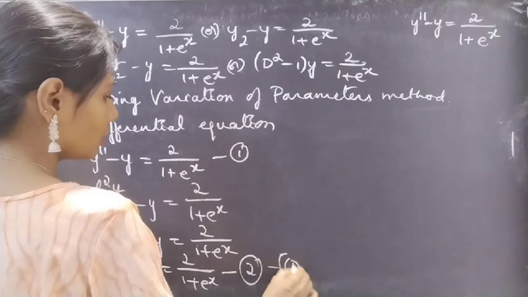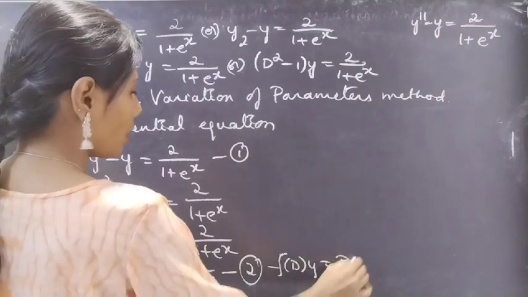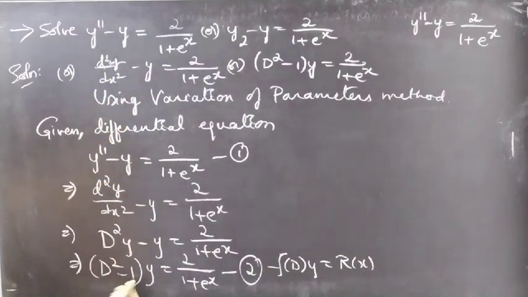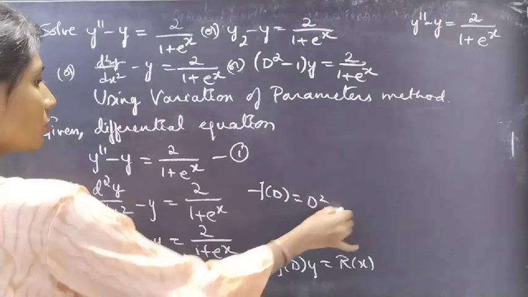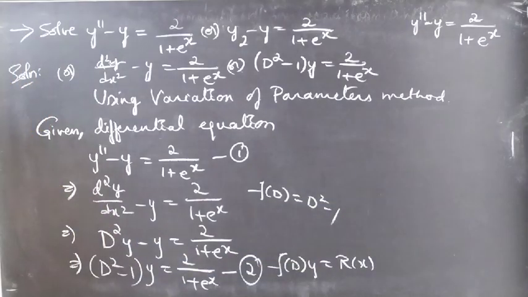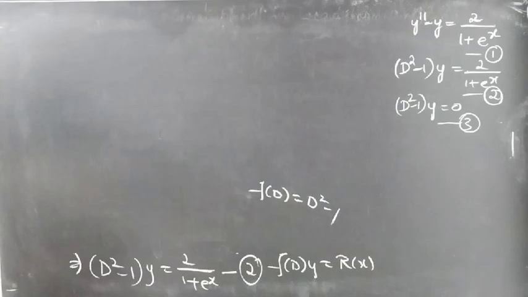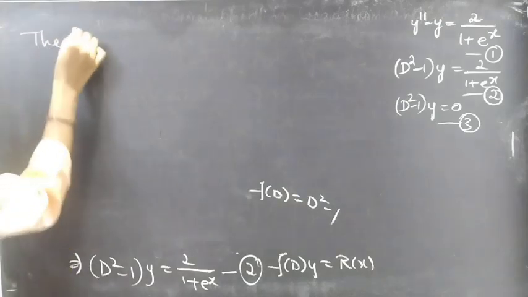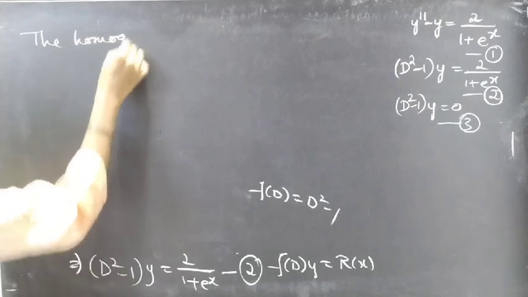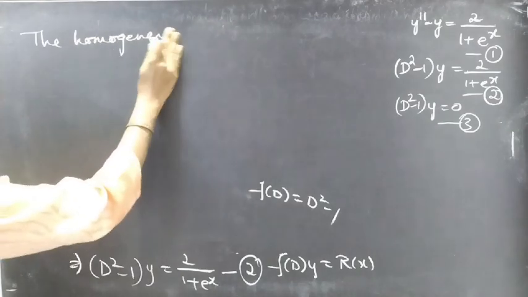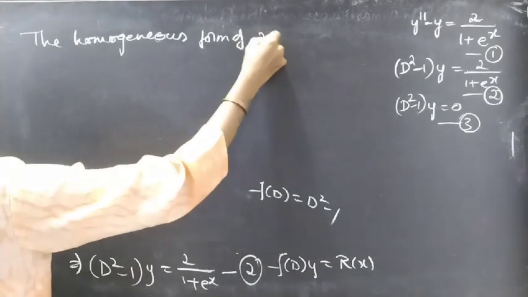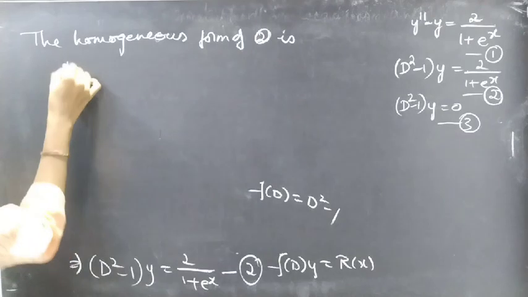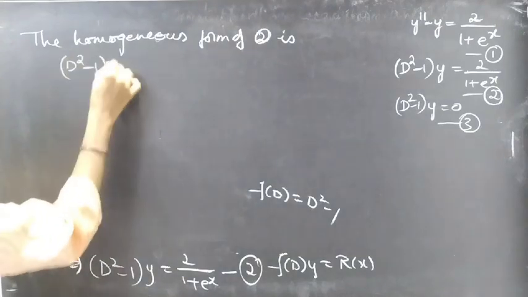Say f of d into y equal to some r of x, where f of d equal to d square minus 1. The homogeneous form of equation 2 is d square minus 1 into y equal to 0.